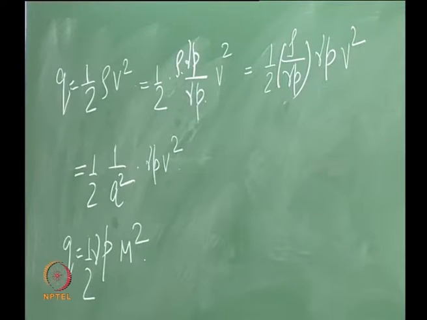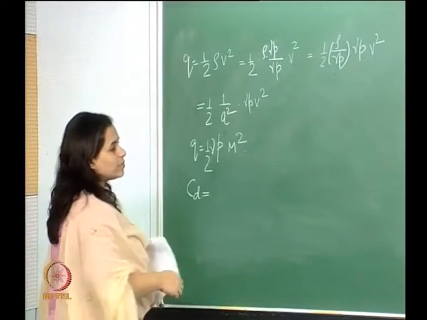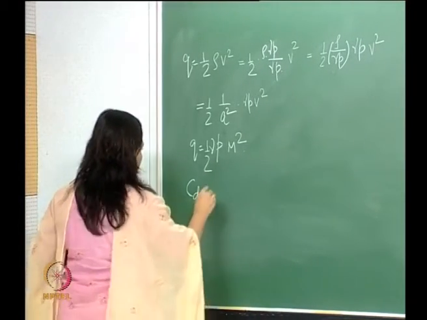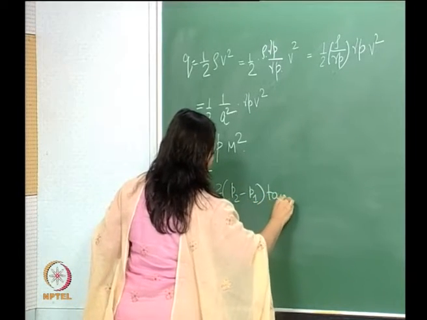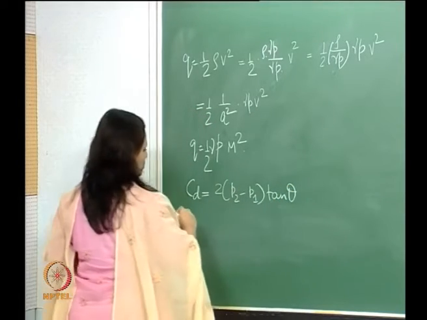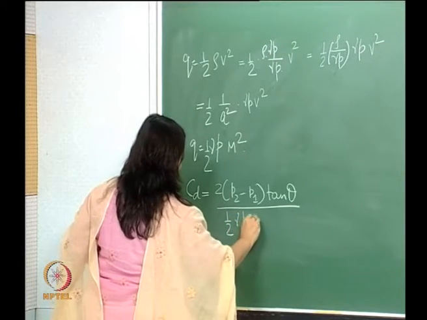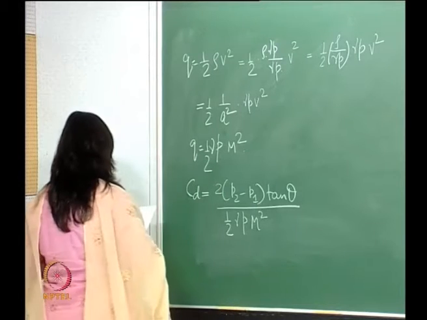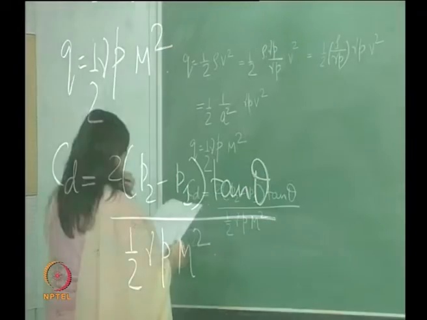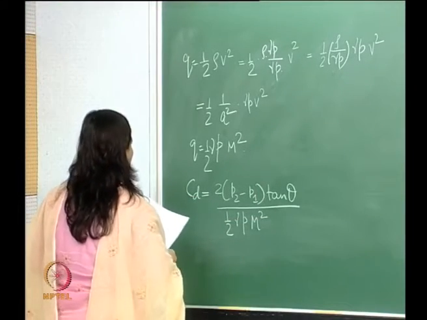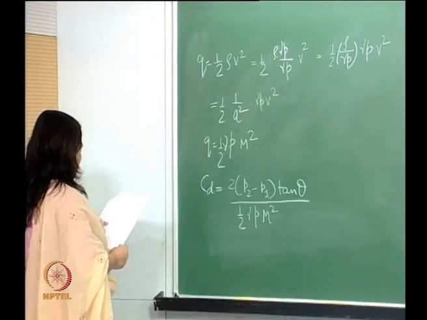So therefore I will write my CD, which is basically 2 into by Q. So in this particular case, this is my Q P over here.